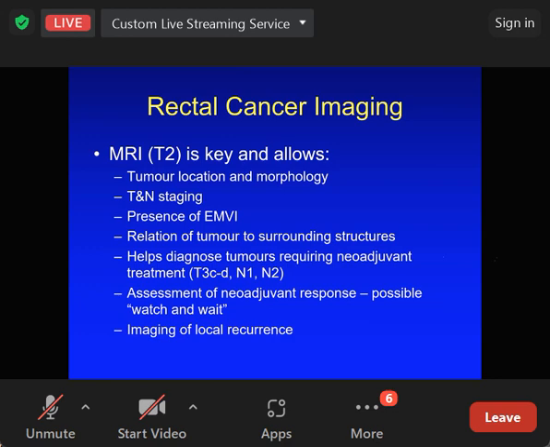PET scanning, I don't have enough knowledge about to give you a useful answer, but I would have thought it would not be terribly useful because inflammatory tissues will be hot on PET, as will malignant tissue. And as far as I know, there's not a specific type of PET scanning.